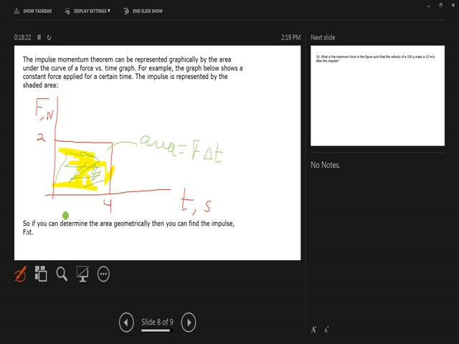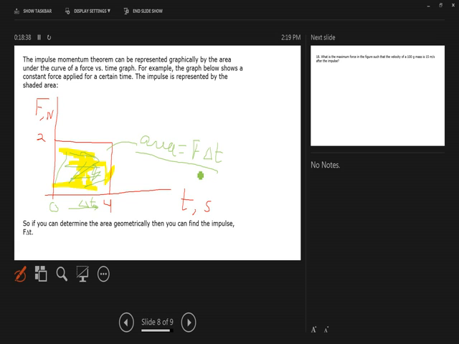Because we're going from, in this case, 0 to 4 seconds, so that's a change in time. So that's a nice visual representation that the area is our impulse.